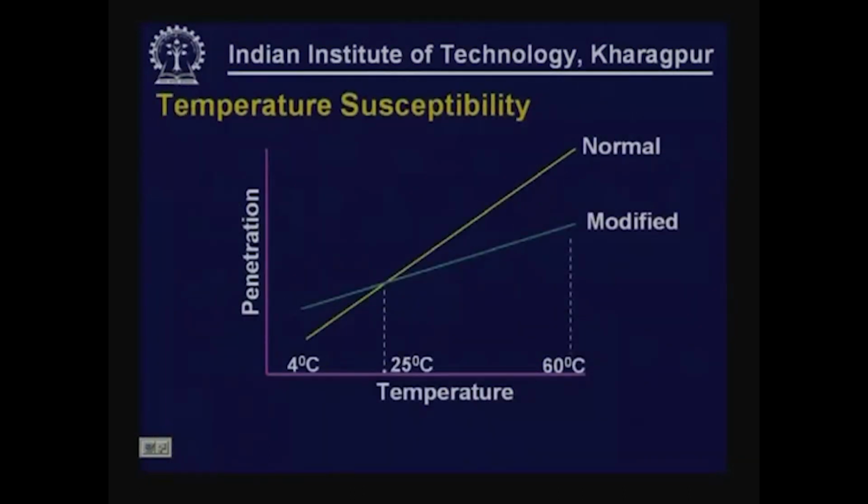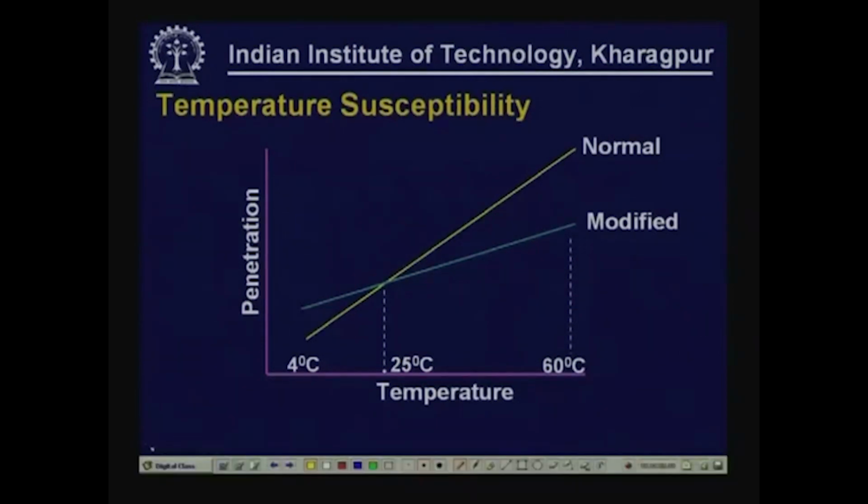How the temperature susceptibility is going to be different in the case of modified binders can be explained using this diagram. What is presented here is the temperature versus penetration plot. The penetration on the y axis should be on log scale, then only we can normally expect this to be a straight line relationship.